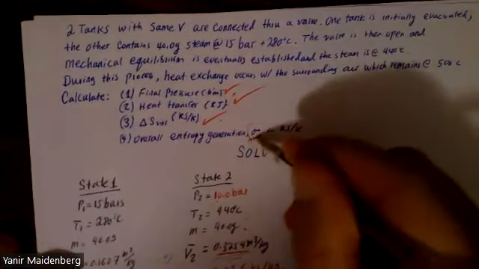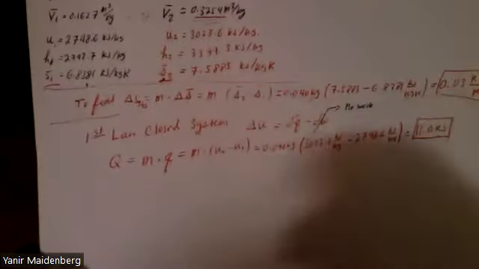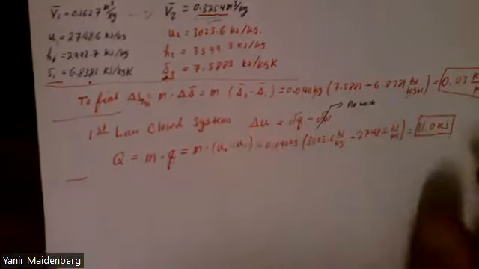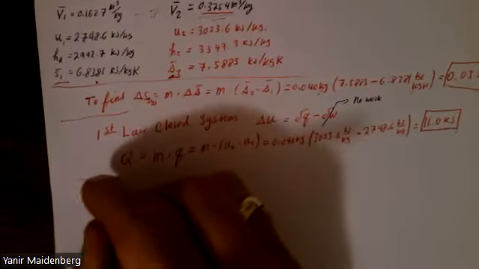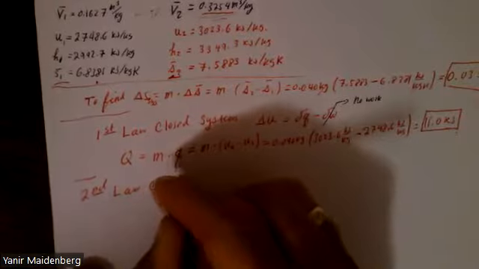All that we're left with now is the entropy generation. So how do we get the entropy generation? Of course, we get it from the second law, now for closed systems.